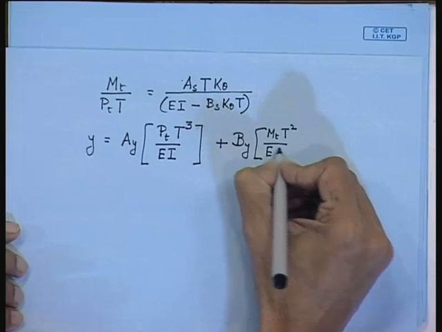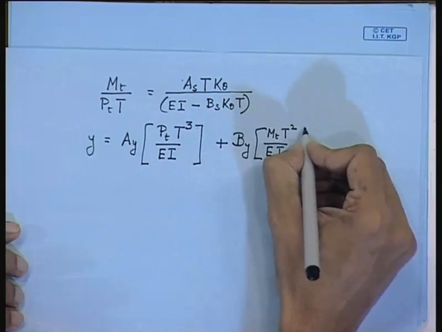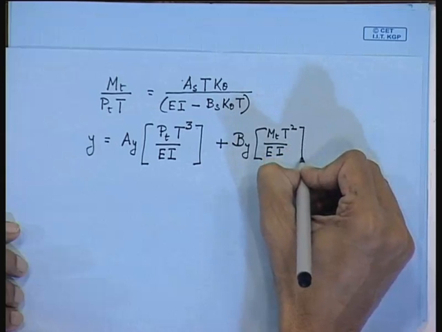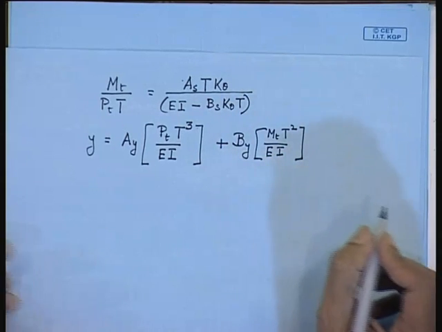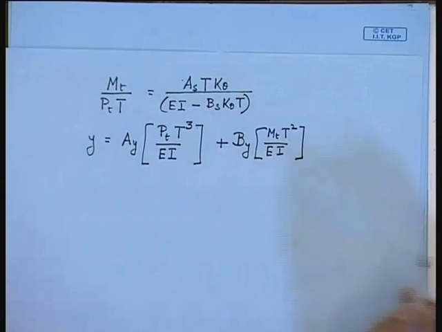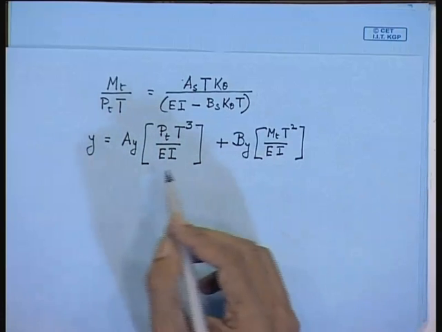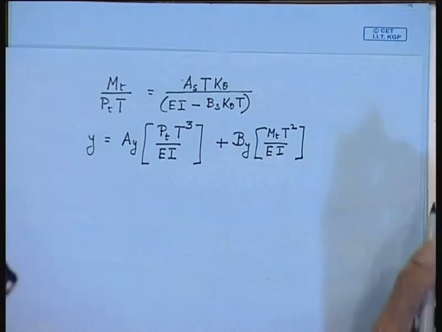Now, all these coefficients, that is your AS, AY, BY, you get in form of a table in recent MATLAB. Otherwise, you cannot find out the y slope, deflection, moment.